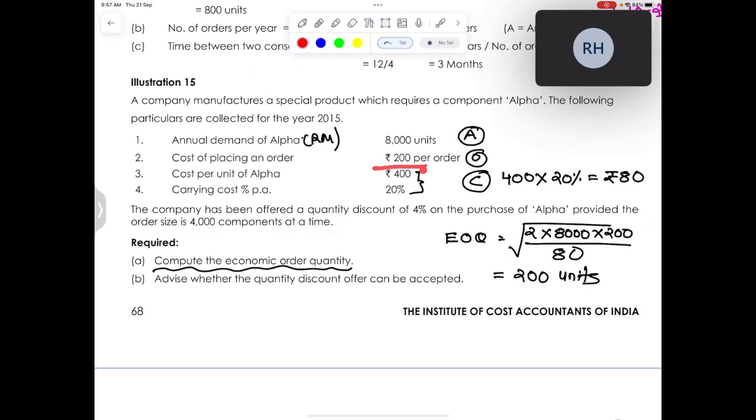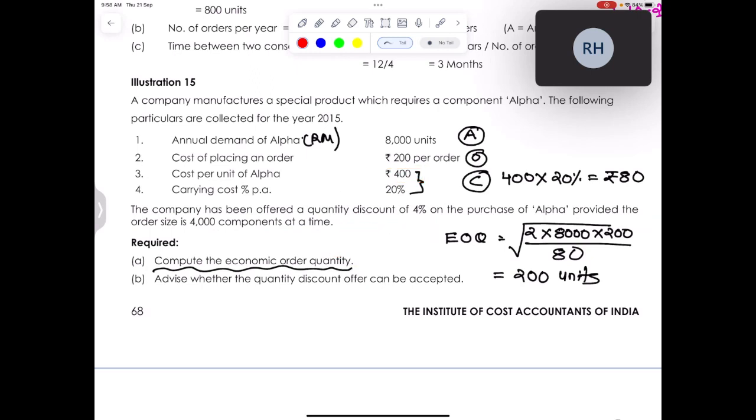It means the purchase price will be 400 minus 4% is equal to 384. But this 384 will be applicable only when you purchase 4,000 यूनिट्स एट अ टाइम. जब हम एक बार में 4,000 यूनिट परचेज करेंगे तभी वो हमें इतने रुपए में देगा. अदरवाइज एनीथिंग लेस देन 4,000 इन अ सिंगल ऑर्डर will cost you rupee 400.